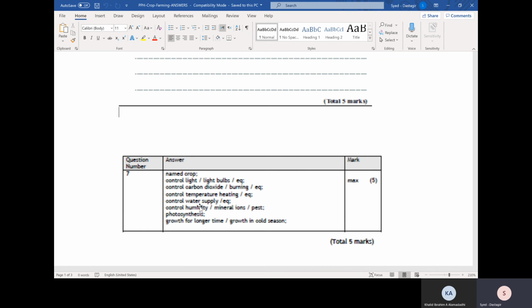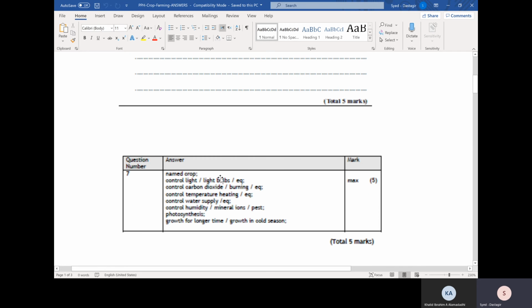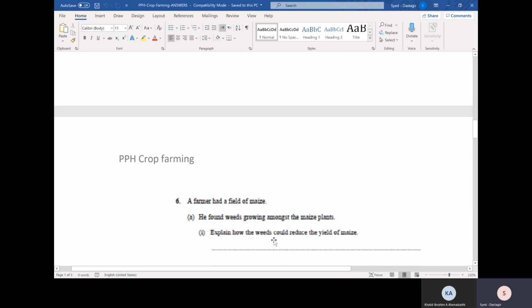We can increase the yield of a crop by increasing all the factors needed for photosynthesis. So they're speaking about light, carbon dioxide, temperature, water supply, mineral ions, also control of humidity for transpiration, and seasons.